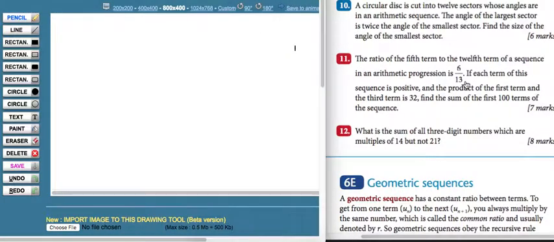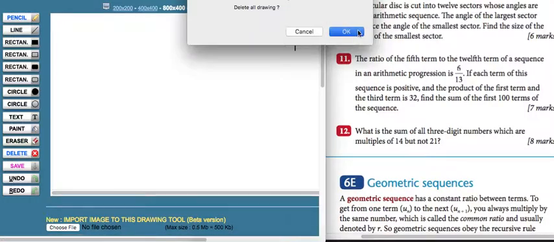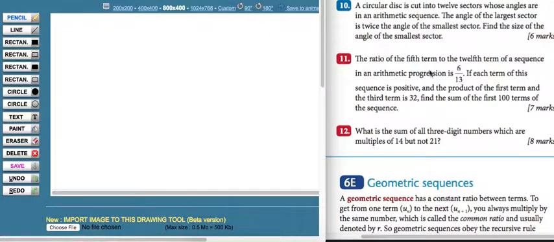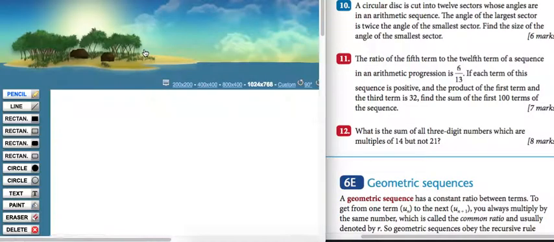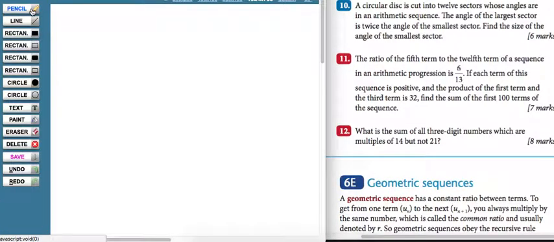So typically what we do when we're given a question like this is we want to create a system of equations. So let's see what information we're given first. We're given that the 5th term, u5, divided by the 12th term, u12, is going to be 6 over 13.